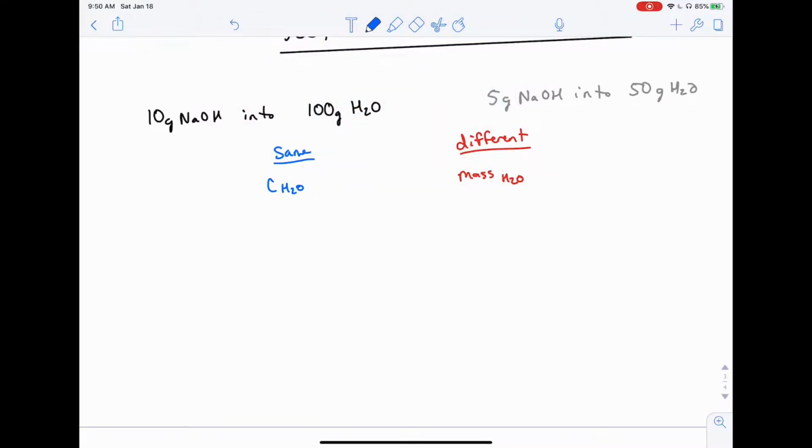Okay, say it again. Okay, so let me establish this. You're saying that delta H is the same. It's the same reaction, right? So delta H is the same. But since you have a different mass, there's a different amount of heat released.